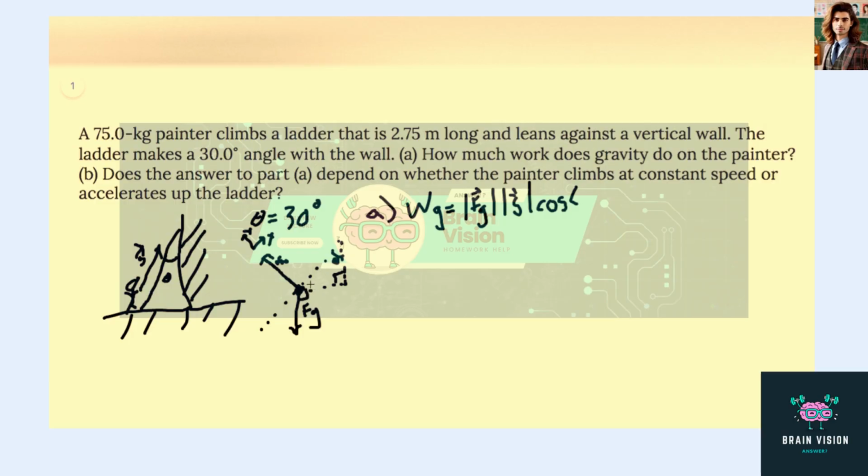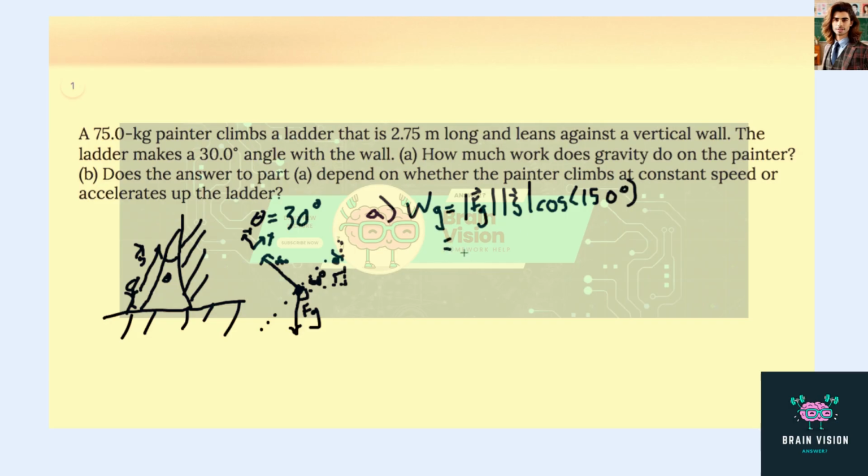So to complete this triangle, this means that this angle is 60 degrees. So our angle between the displacement going up the ladder and the gravitational force pointing downwards would be 90 plus 60 degrees, which is 150 degrees.